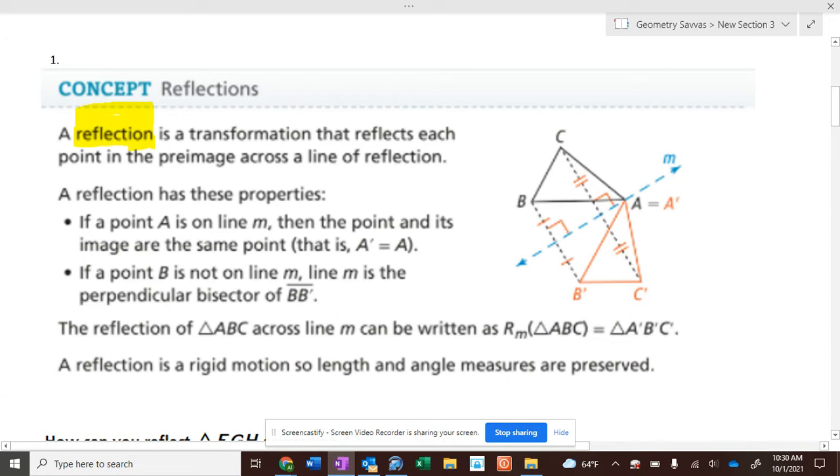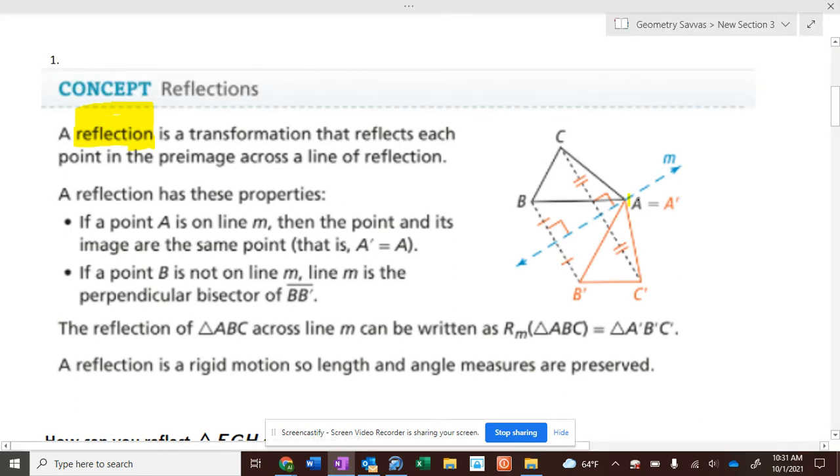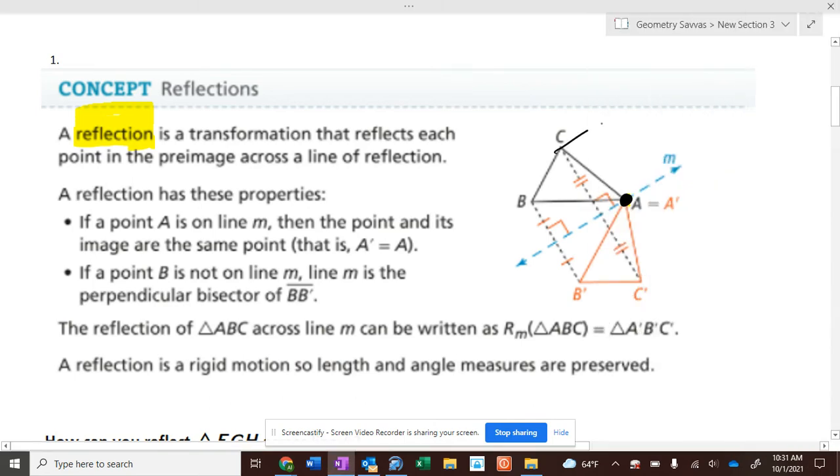If a point is on the line of reflection, does it move? No, it stays there. So A and A prime are the same point. A doesn't move. C: what you do is you measure the distance from here to here and go that much further to get to C prime.